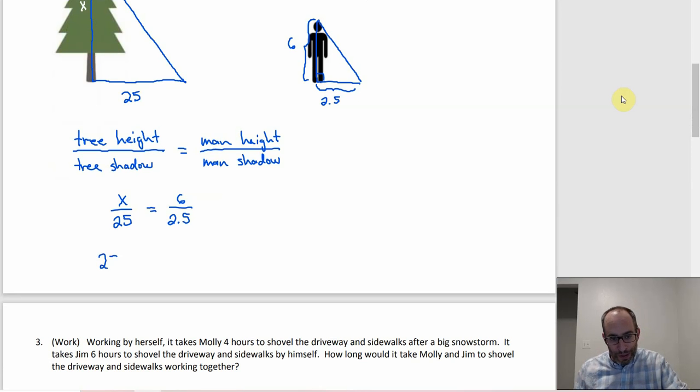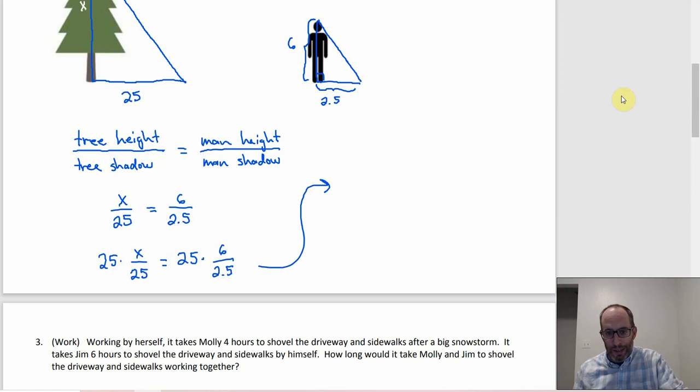So 25 times x over 25 would be equal to 25 times 6 over 2.5. So that is going to just be an x on the left side. And then on the right, 25 times 6 is going to be 150. So you'd get 150 over 2.5.